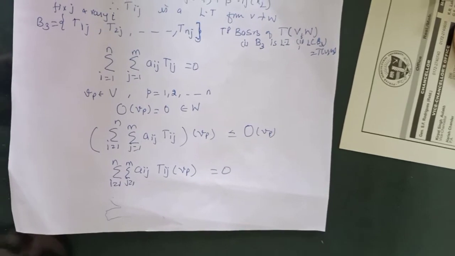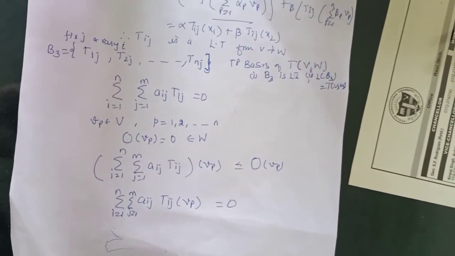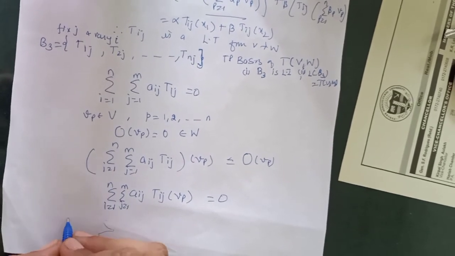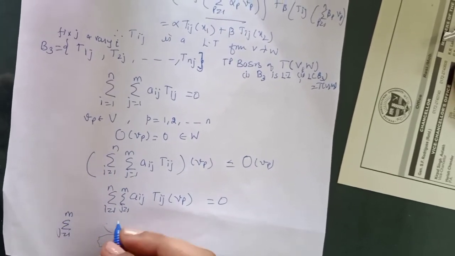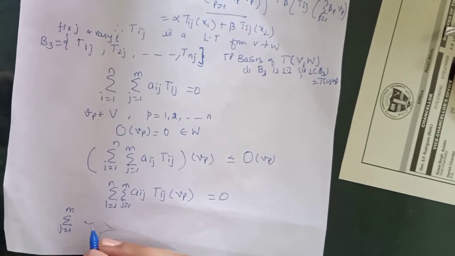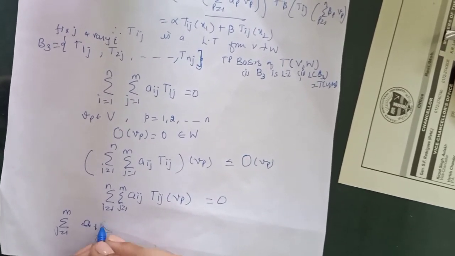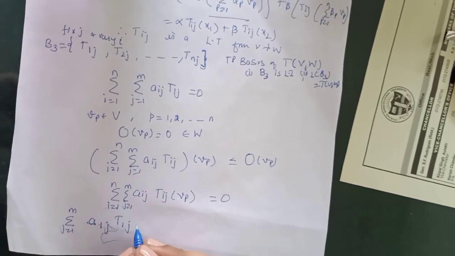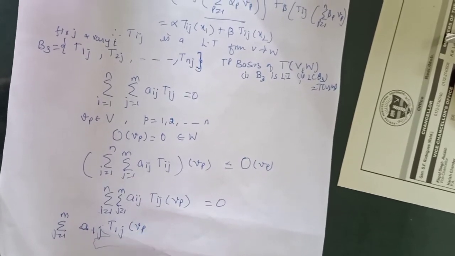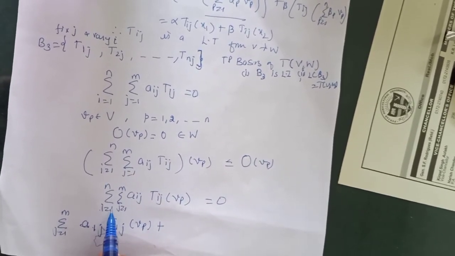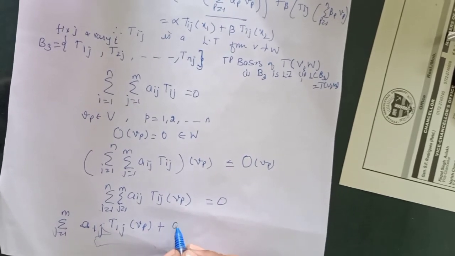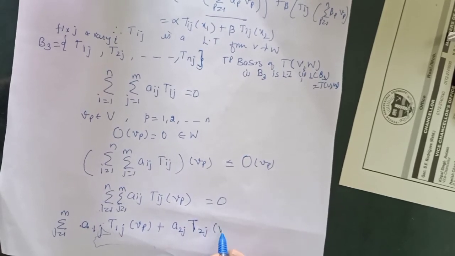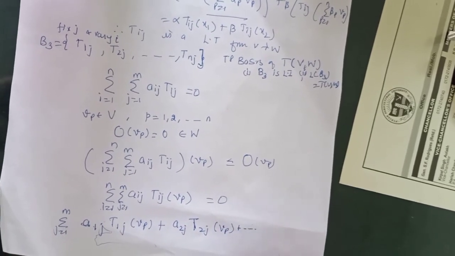Now observe carefully what I am going to do. I am going to expand it with respect to this i from 1 to n. It will look like A1j, putting i as 1, T1j of Vp for the first vector. Similarly, when I put i as 2, this will be A2j, T2j of Vp, and so on, proceeding like this.